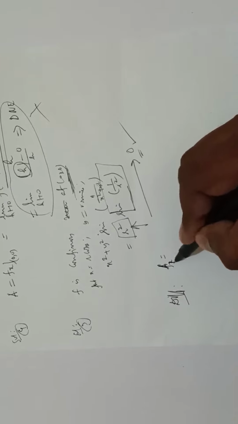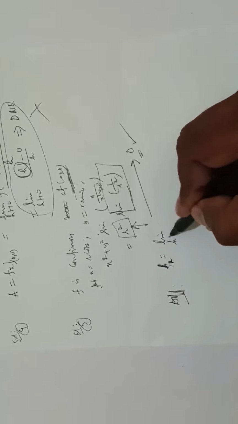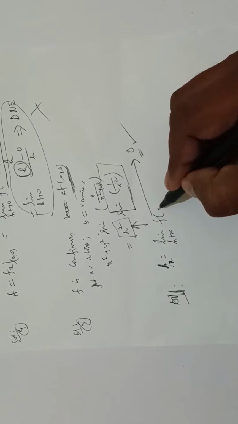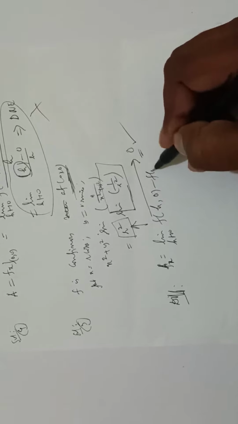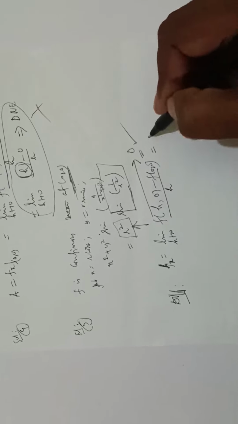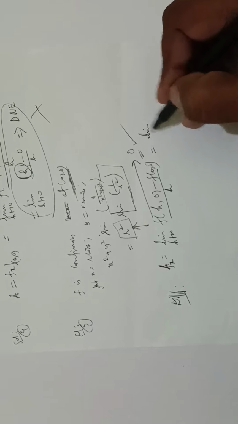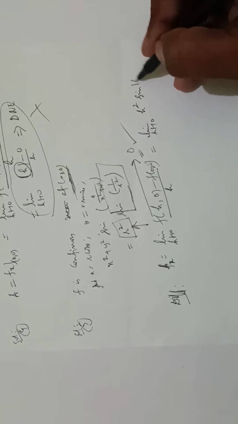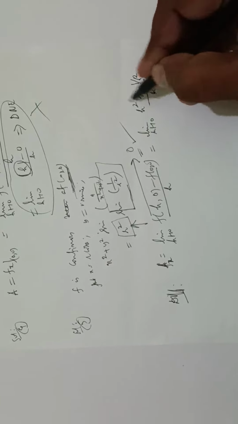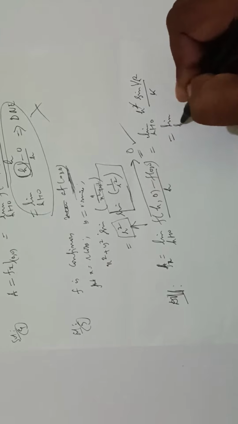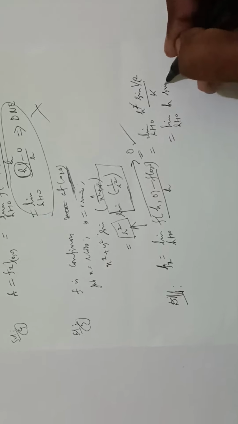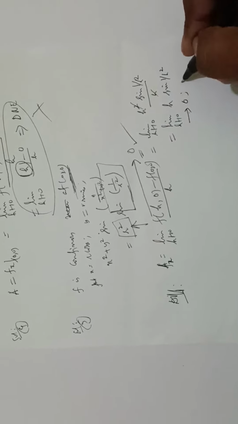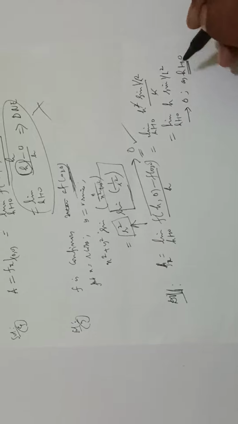Let me find fx first. fx is limit as h tending to 0 of f of 0 plus h comma 0 minus f of 0 comma 0 by h, which is limit as h tending to 0 of h square sin 1 by h square by h. So it is limit as h tending to 0 of h into sin of 1 by h square. This will tend to 0 as h tends to 0.